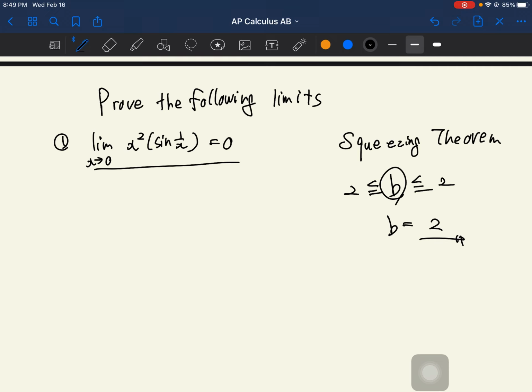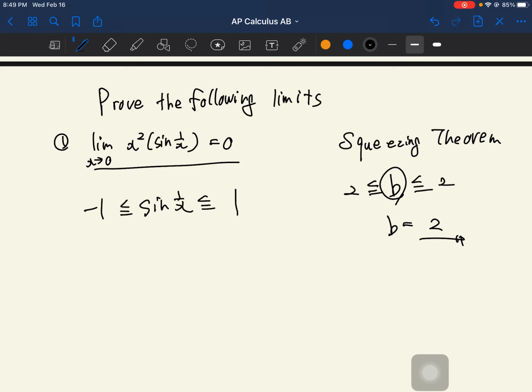First of all, you don't start from x squared times sine 1 over x. You start from sine 1 over x, because you can simply write it like this.